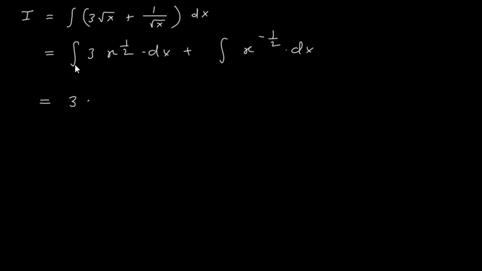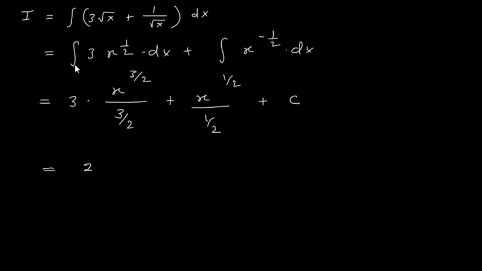When we integrate we get x power half plus 1, that gives 3 by 2, divided by 3 by 2, plus x power plus half divided by half, and plus c. Ultimately the 2 will go up and the 3 and 3 will cancel.